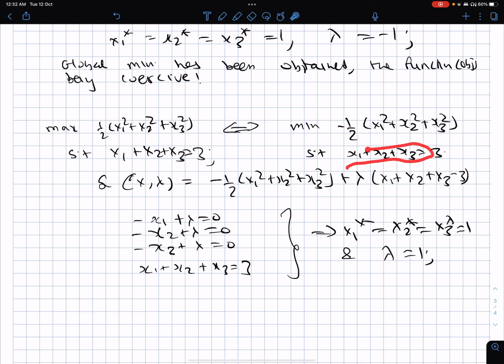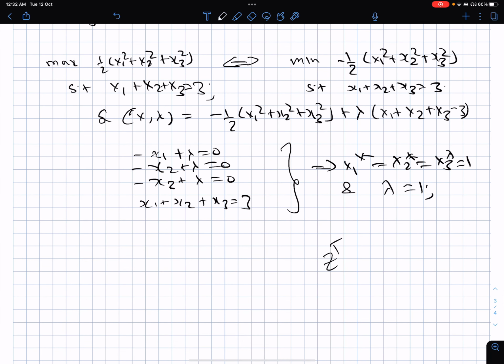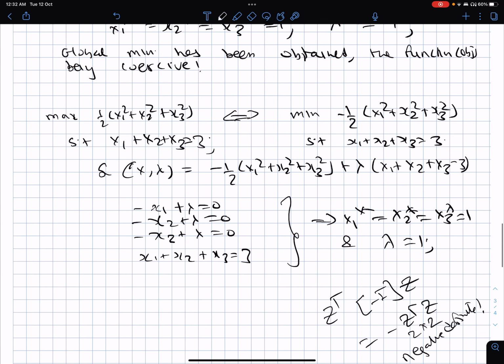When I take the null space of the constraint gradient and write it as matrix Z, the projected Hessian is going to be Z transpose times minus I times Z, which is the same as minus Z transpose Z, a 2 cross 2 matrix, which is actually a negative definite matrix.